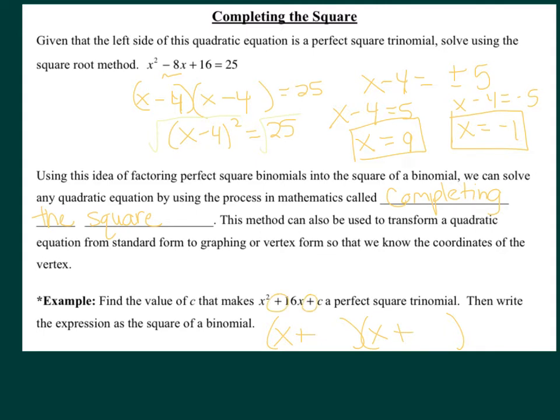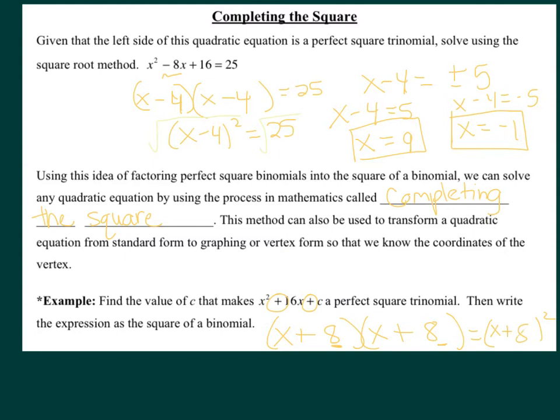We want to add to 16, but in order for it to be a perfect square trinomial, so to be able to write it as x plus something squared, I need the same number here and here. Well, that means I'd need half of 16 in each position, so that together they add to 16 with the same number, so it would be 8 and 8.